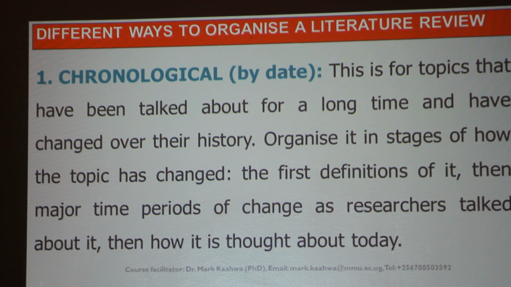In 2000, what are the issues of climate change? So with the chronological order of arranging the literature, you follow the dates of how that research progressed, or how that issue has been talked about by different scholars. Here we follow the dates of publication. So we call this chronological. You can arrange your work following those dates.